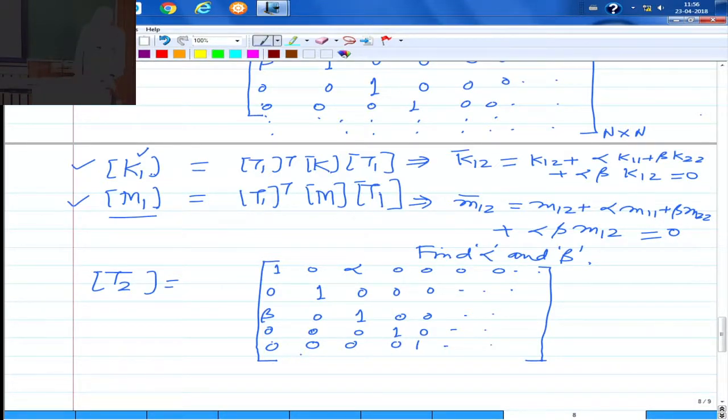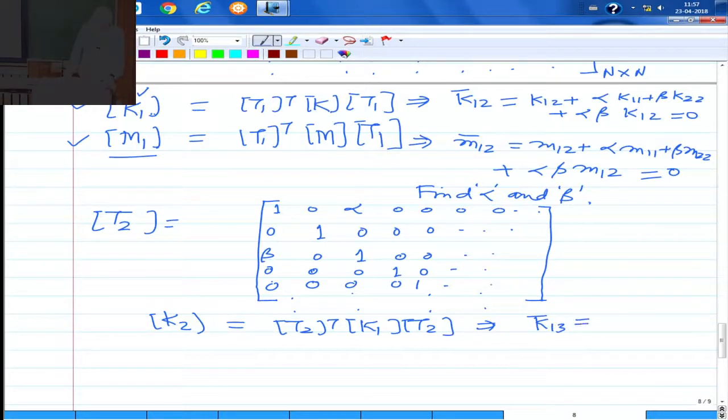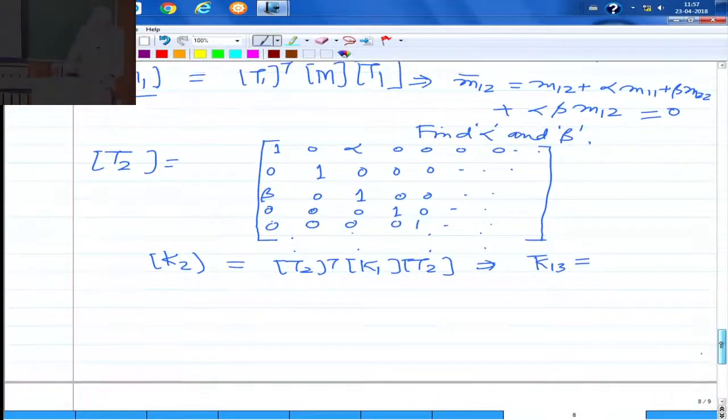So this will be your transformation matrix. Now based on this, you will calculate, let us say, K2, which would be T2 transpose into K1 into T2. Then you will get from here, say, K13 bar, and one equation you are going to make 0.